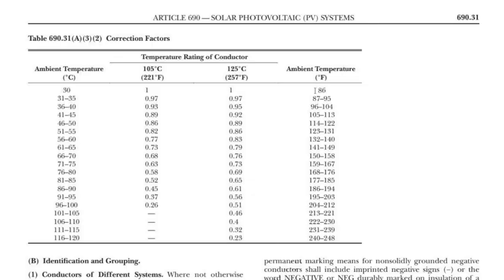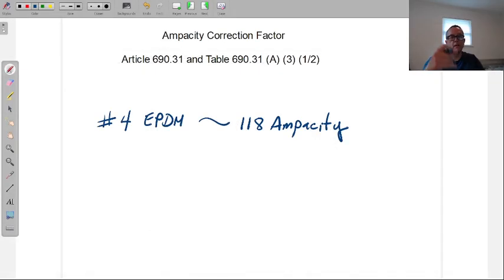So as the temperature gets hotter, the less amperage the wire can hold. The first number is actually 1, meaning the wire can hold, at 86 degrees Fahrenheit or 30 degrees Celsius on the other side here, 100% of the amperage. So this number 4 can hold 118.